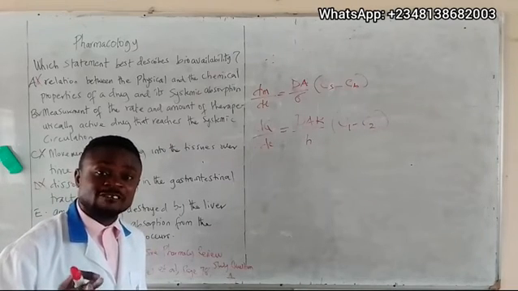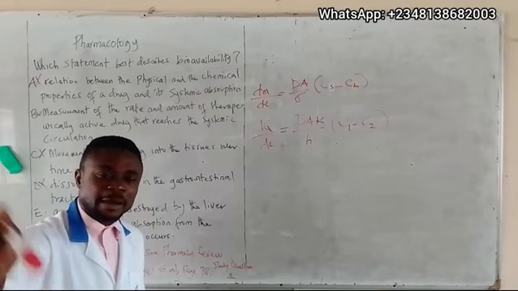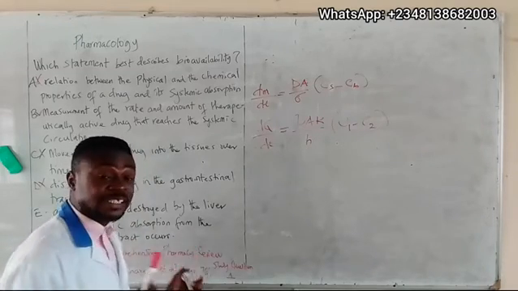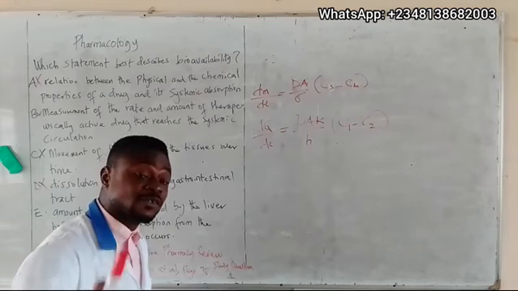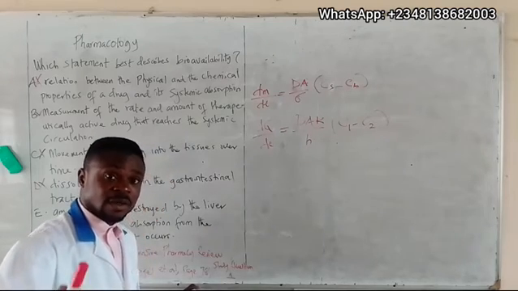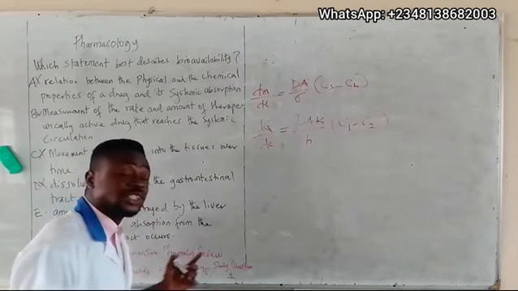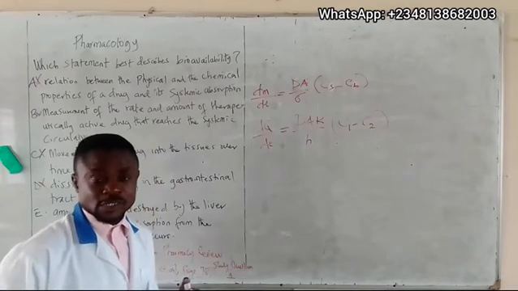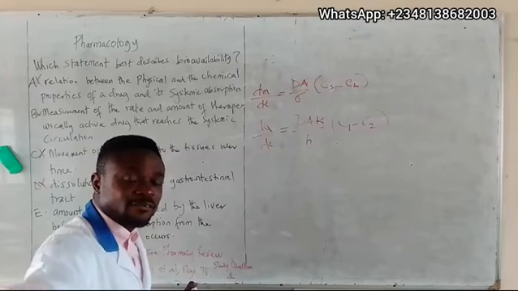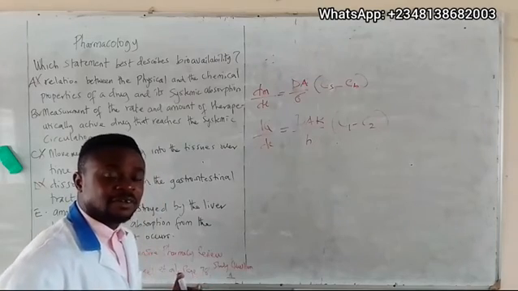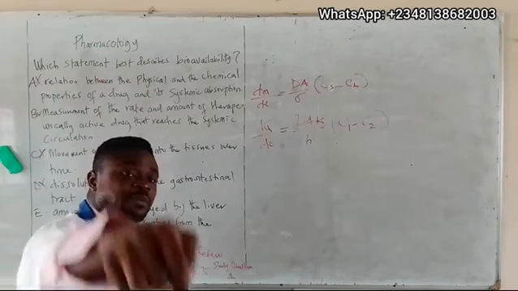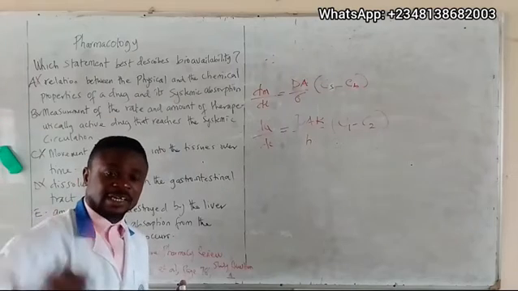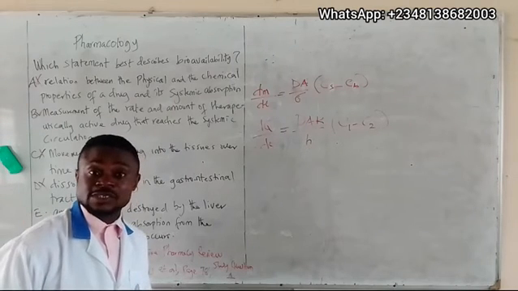But that first pass effect affects bioavailability. It only affects the bioavailability of such drugs. But it's not the same thing as what? Bioavailability. So from the liver now, it enters the what? The systemic circulation and the distribution into the what?